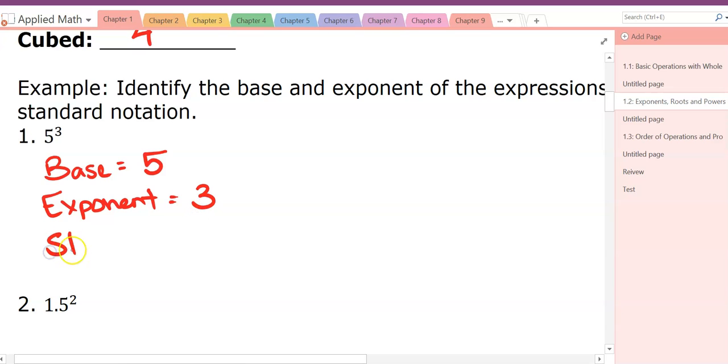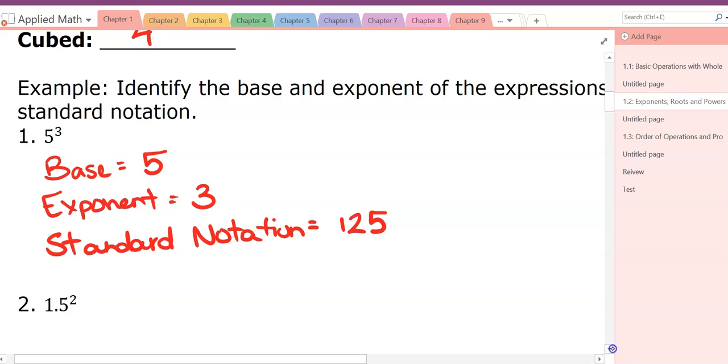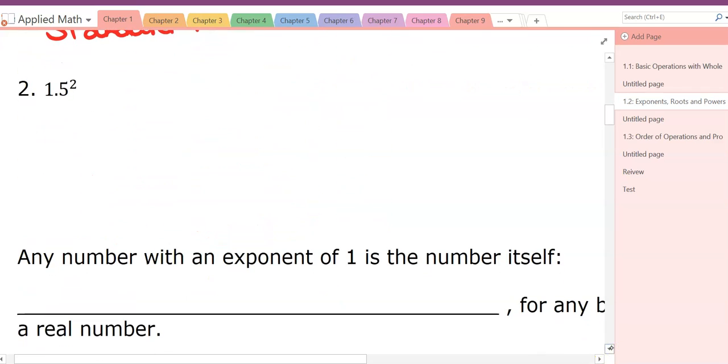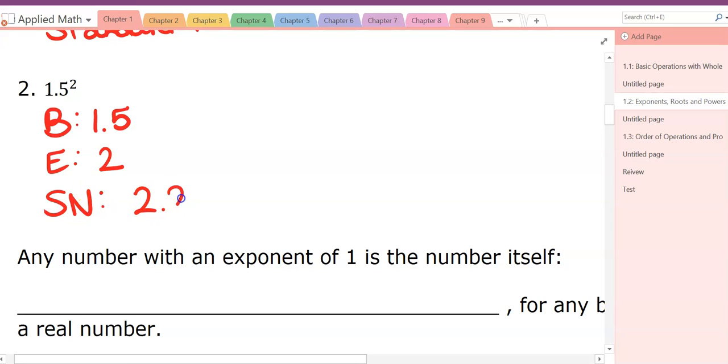And then standard notation would be if I actually evaluated that, and I would get 125. So for the second one, 1.5 to the second power, my base would be 1.5, my exponent would be 2, and standard notation would end up being 2.25.